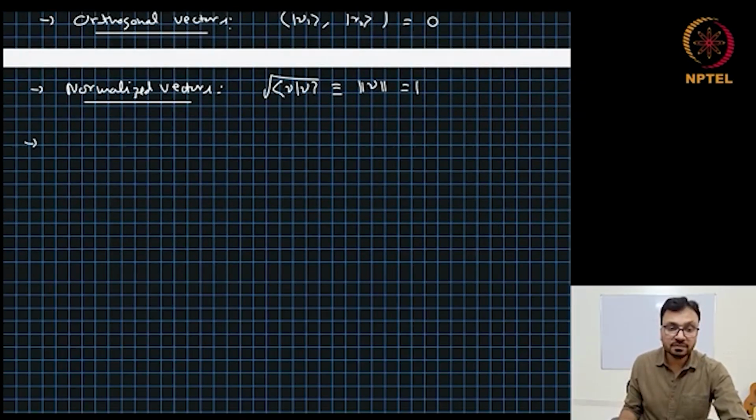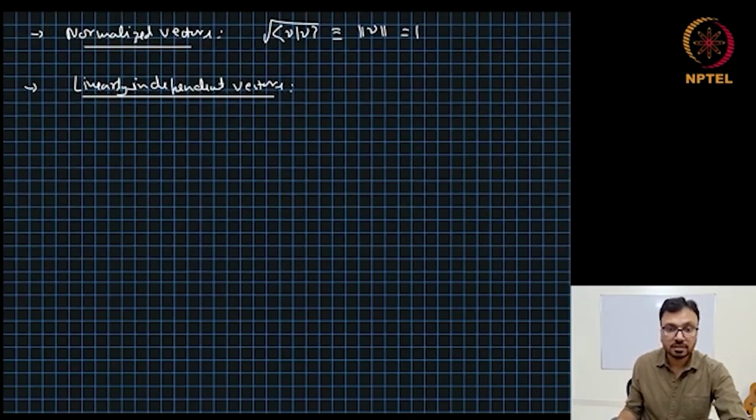So if we have linearly independent vectors, if we have a set of vectors Vi, then they are called linearly independent if the sum over i of some scalars ai times Vi equal to 0 has the only solution such that ai is 0 for all i.